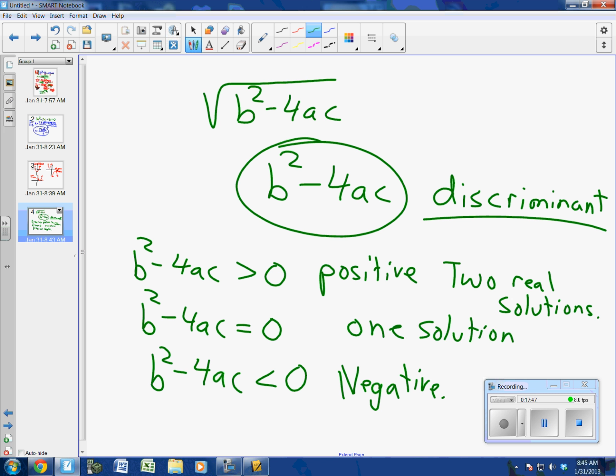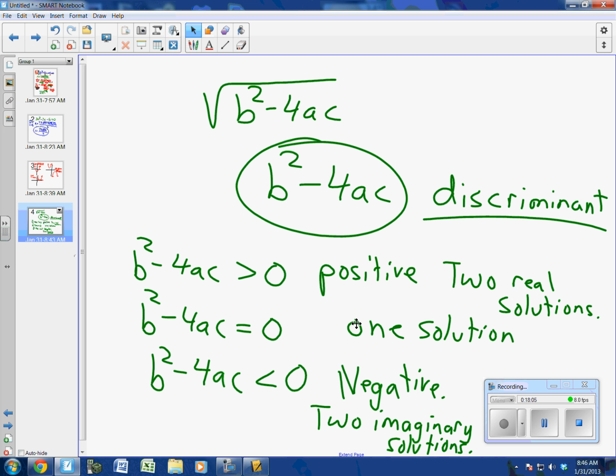And if b squared minus 4ac is less than 0, a negative number, you're going to get 2 imaginary solutions. Okay? That's what you're going to get.